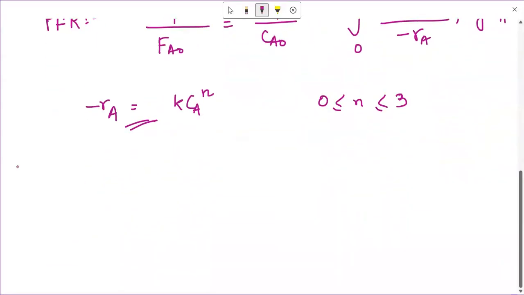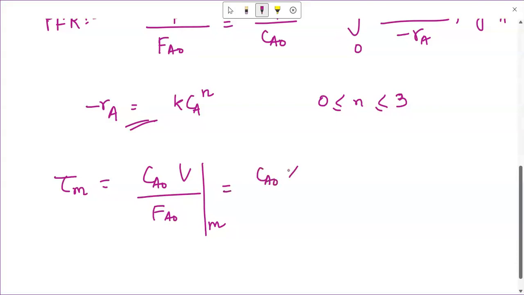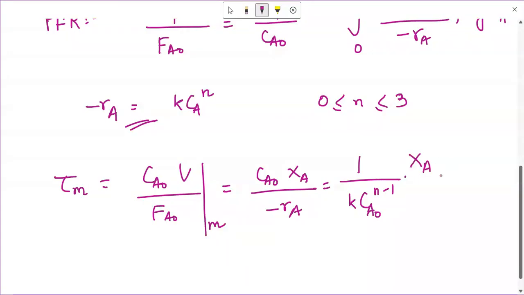In case of the mixed flow reactor, tau m = Ca0 V/Fa0 = Ca0 Xa/(-Ra), which in turn is equivalent to 1/(k Ca0^(n-1)) multiplied by Xa (1 + epsilon A Xa)^n divided by (1 - Xa)^n.